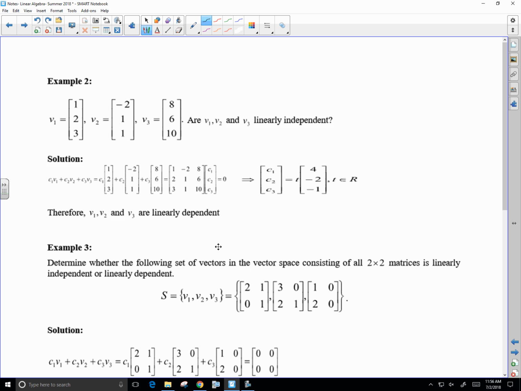All right. So if we get ones down the main diagonal, zeros everywhere else, then you're dealing with something that's linearly independent. Because that's the only way that you're going to get a solution where it's all zero.